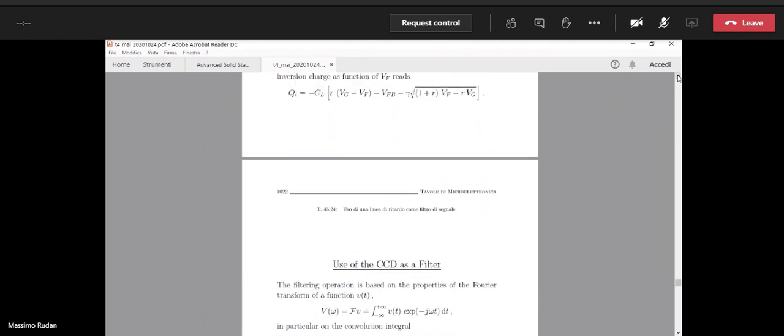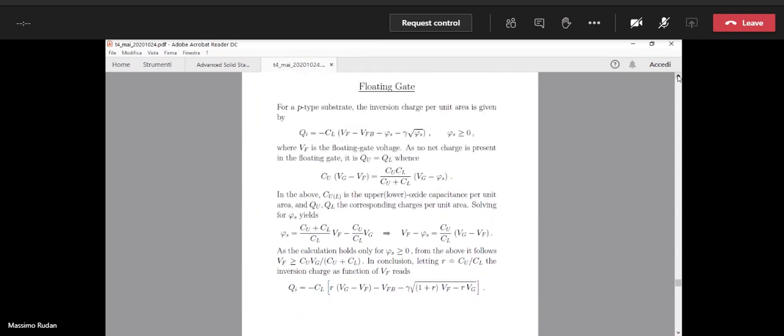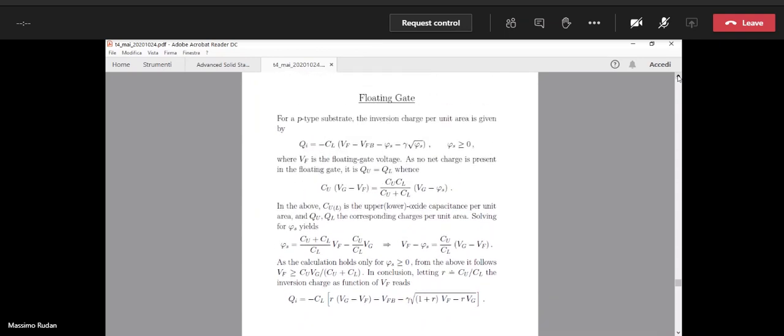Until now, we have considered a number of applications of photodiodes, photocapacitors, CCDs, and CIDs as optical detectors, okay? Which is actually the major application of these devices.